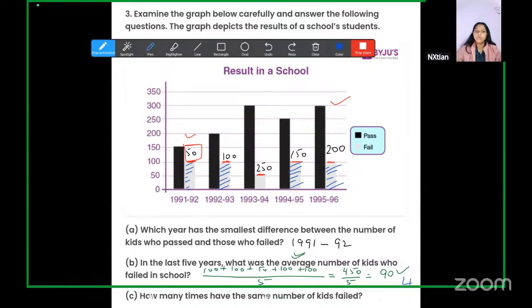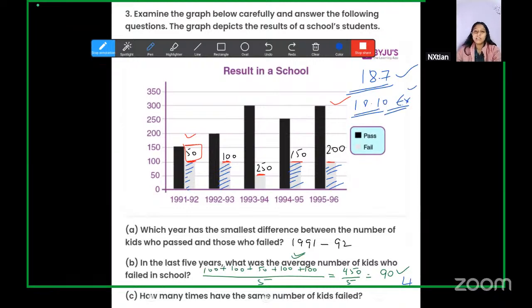Do exercise 18.7 today. Do 18.7. And also try out the question in 18.10. In 18.10, we have an example. Try that out.